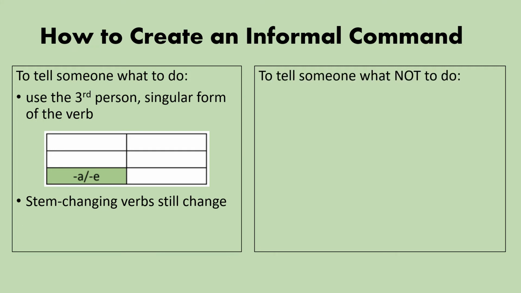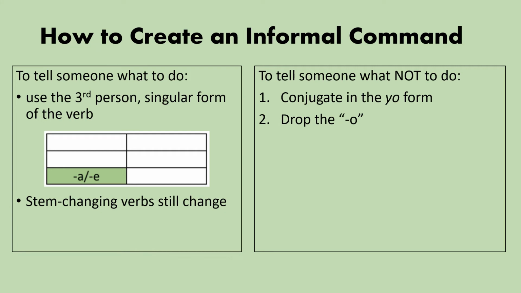To tell someone what not to do, you have 3 steps. Number 1, you're going to put the verb in the yo form, just like you always have. So AR verb, ER verb, and IR verb all end with an O. You have to put it in the yo form because there are some verbs, remember, that are irregular yos, like the GO verbs, and then stem changers, again, will stem change in the yo form. So put it in the yo form first, like you've been doing.